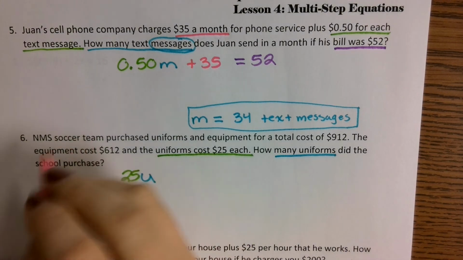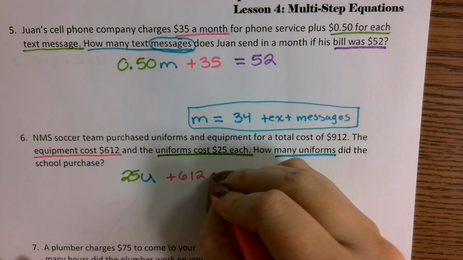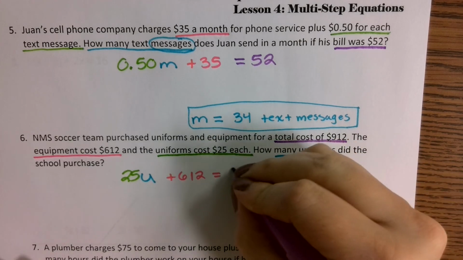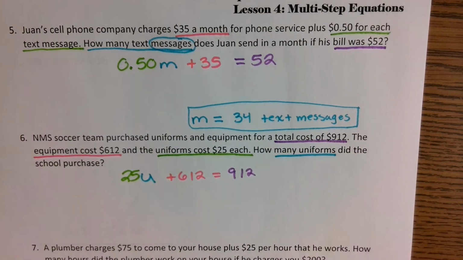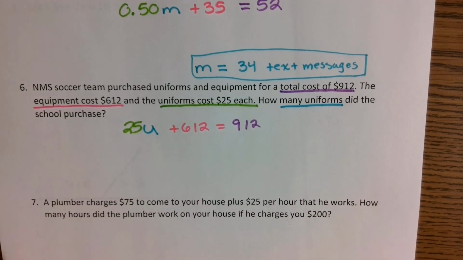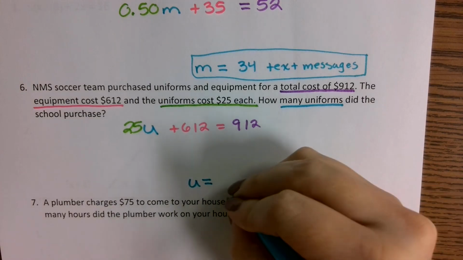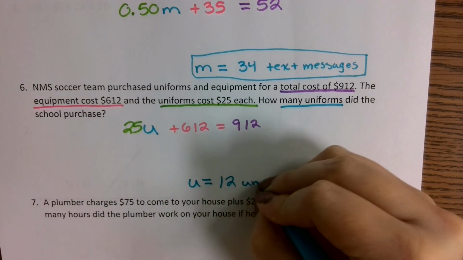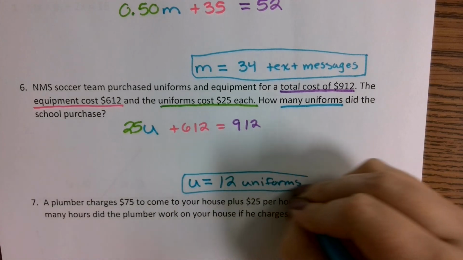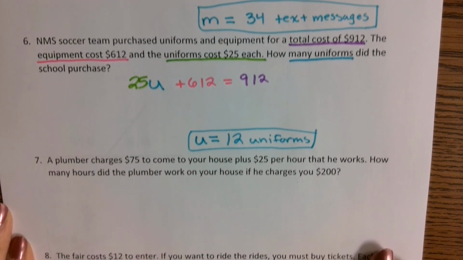They also spent money on equipment, which was $612 total, and they purchased all of that together for $912. So you should have gotten 25U plus 612 equals 912. When you solve it, you would find that the number of uniforms was 12. They purchased 12 total uniforms.